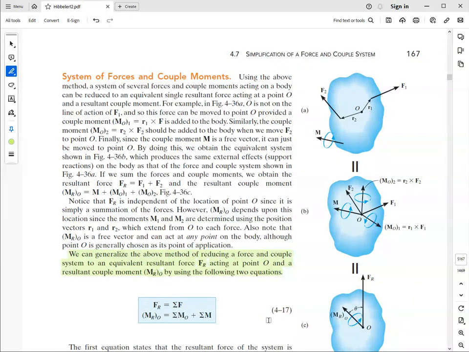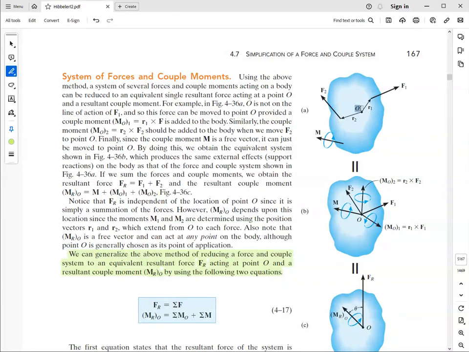In general, you assume a system of bodies loaded with forces and moments, and for simplification, we would like to show a minimum amount of external effects, that is the resultant vector force and the resultant vector moment.